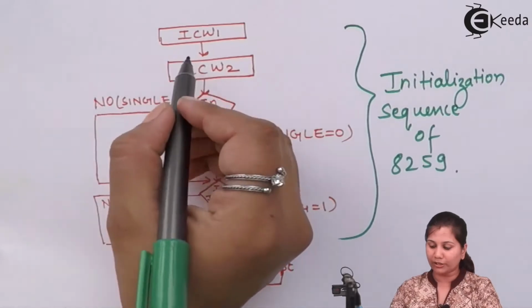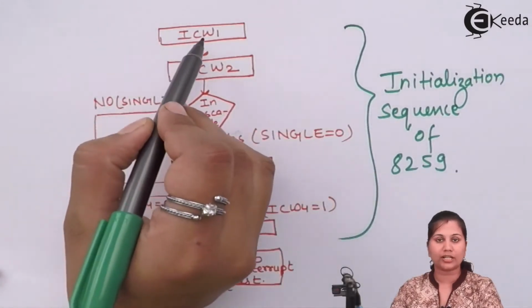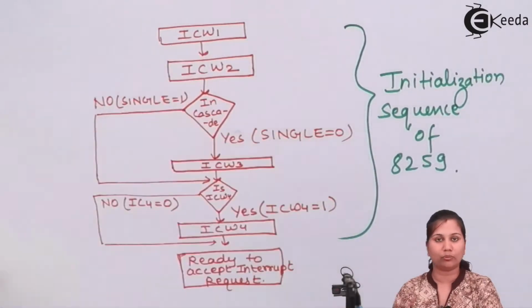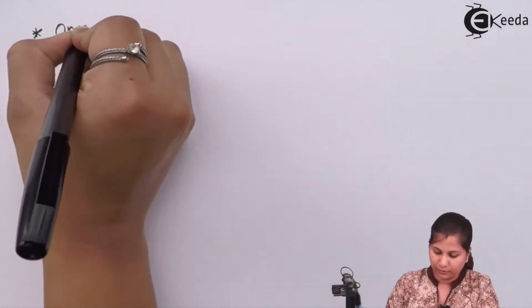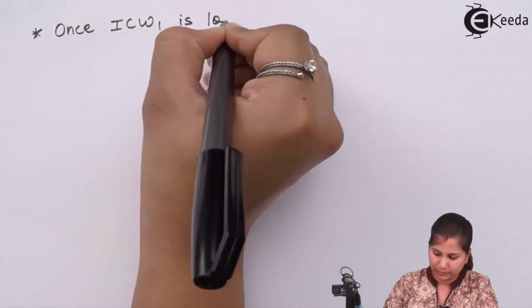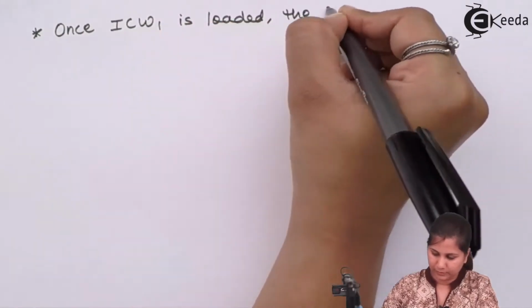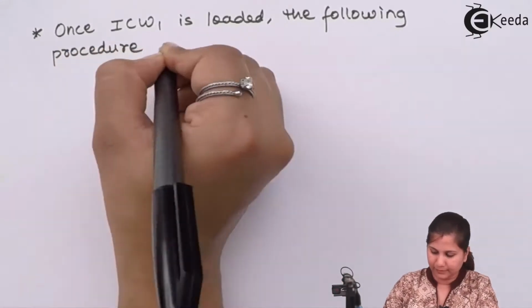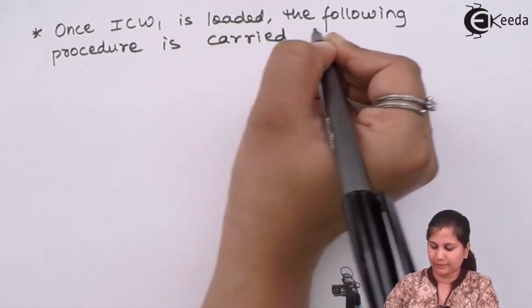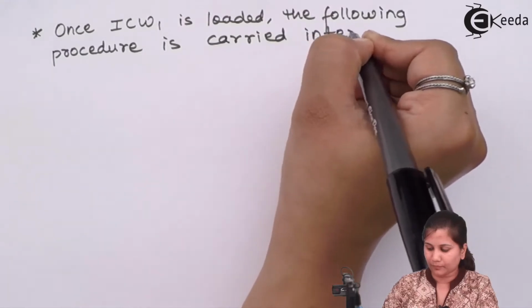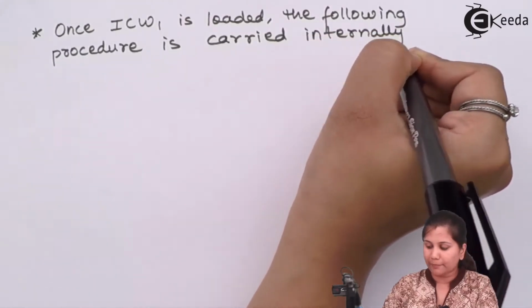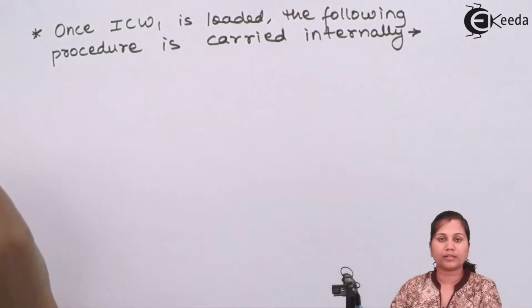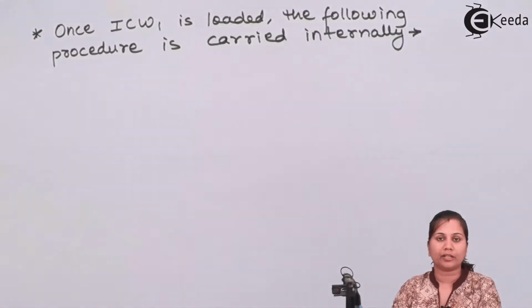So in the flowchart, you have seen that first the initialization command word ICW1 is given. So the first step of the initialization process was to load the first command word ICW1.